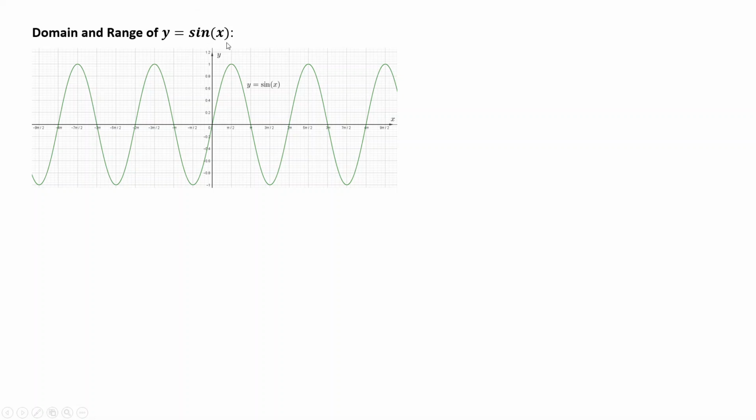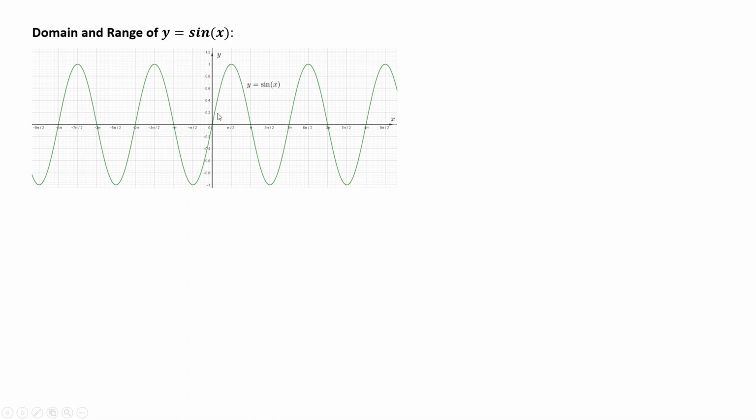You can actually evaluate the function. For example, is 0 in the domain? Well, ask yourself a simple question. Can I find sine of 0? Yeah, sine of 0 is 0. Cool, done. 0 is in the domain. Is pi half in the domain? Yeah, sine of pi half is 1.